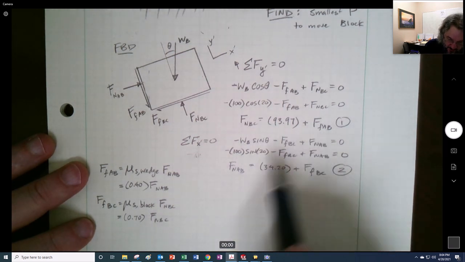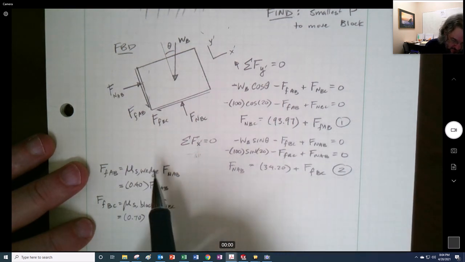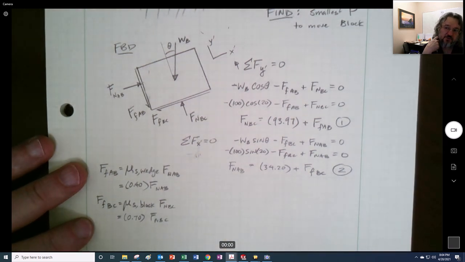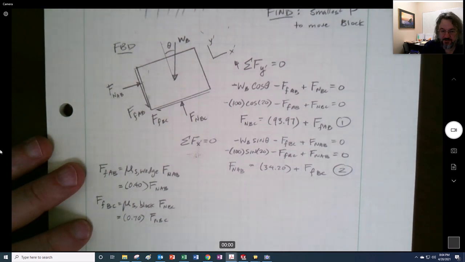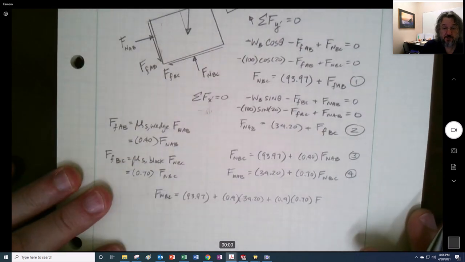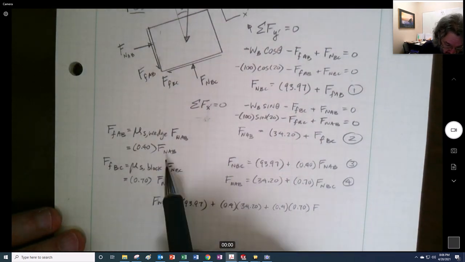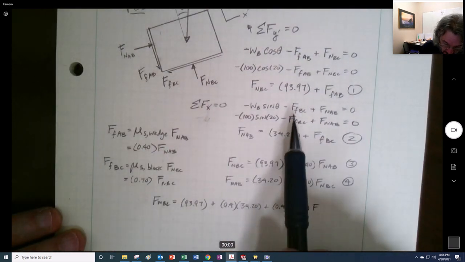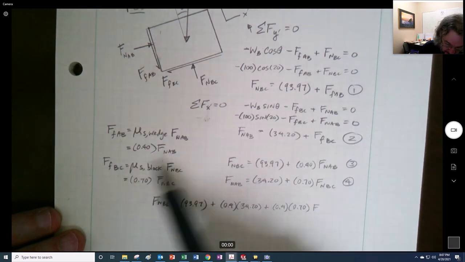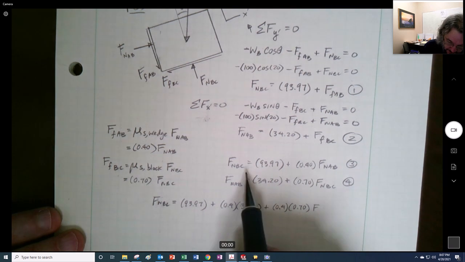So we have 1, 2, 3, 4. We have 4 equations and 4 unknowns. Okay, so here what I did is I plugged these frictions back up into each of these, into there, friction into there.